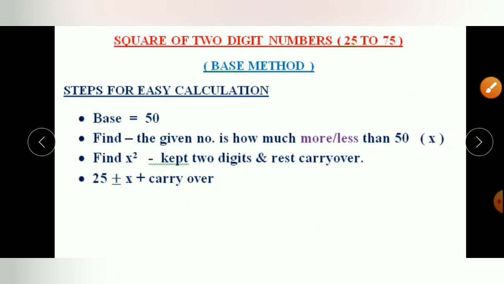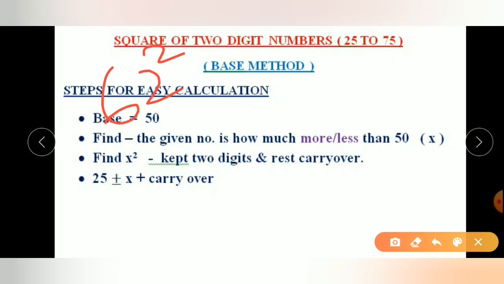Next, one more example, 62. Square of 62 we have to find. 62 is 12 more than 50. So here the more value is 12. It is plus 12. First step, I take the square of this 12.